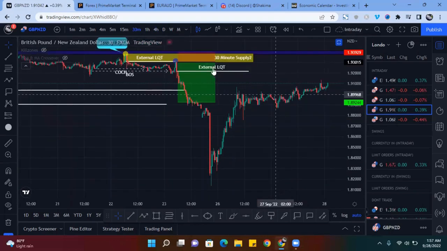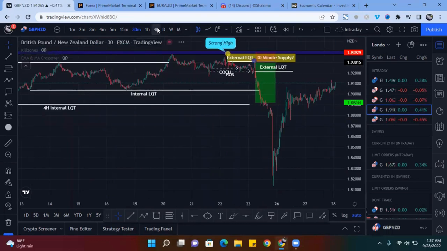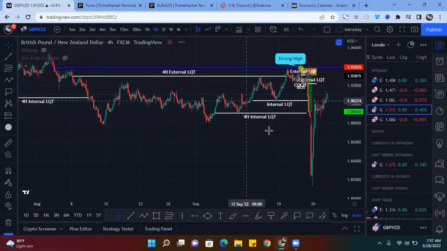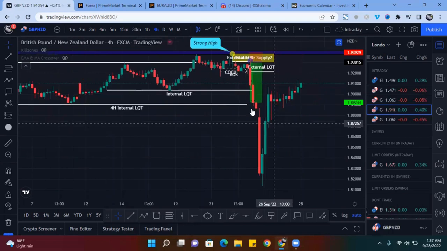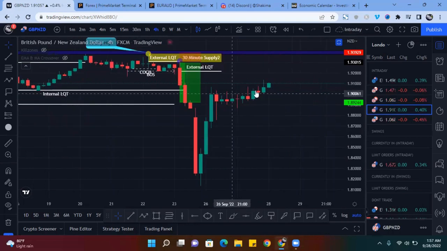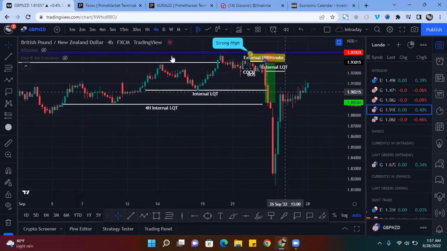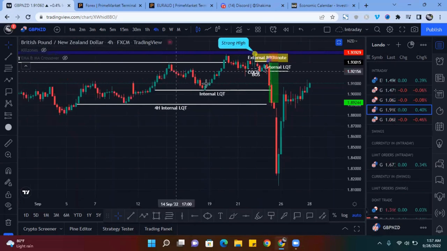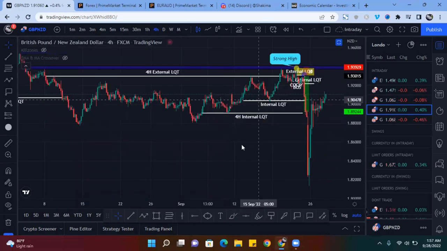Yeah, so it's the same thing. Zoom out. Delete the markups.